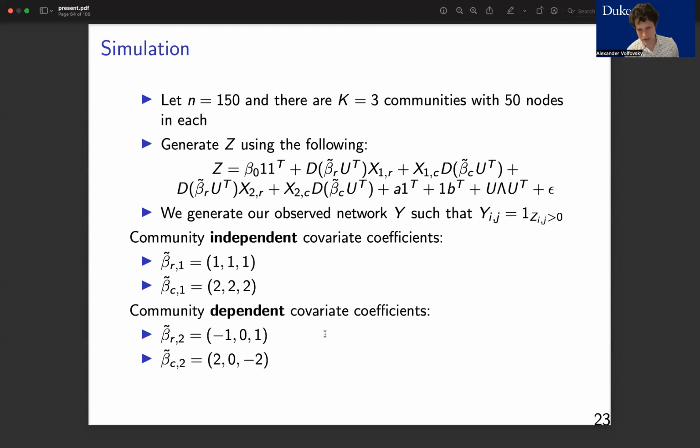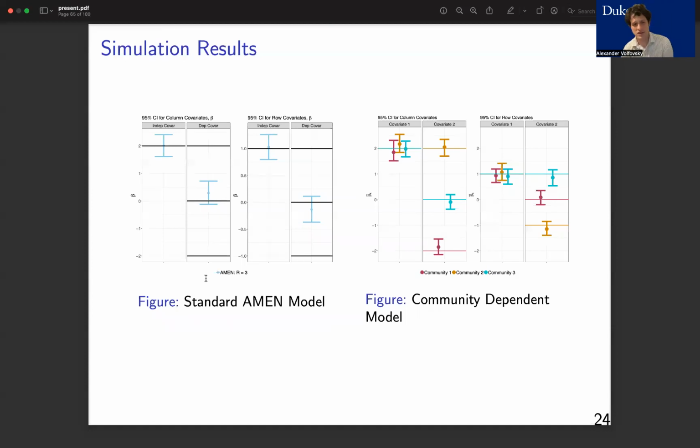What we're going to do is not tell the model about it, and just fit the regular AMEN model, the one that doesn't know anything about which covariates are community driven and which are not. What you see on the left is the AMEN model. For the community independent covariates, it does really well.